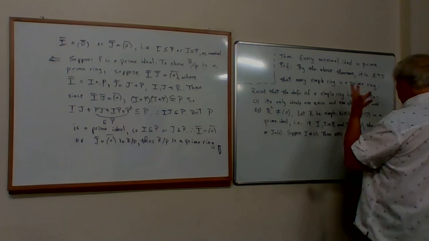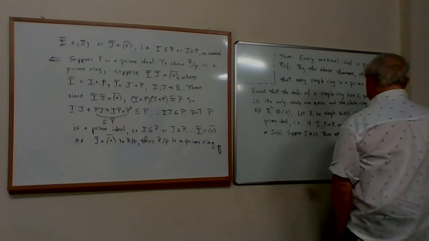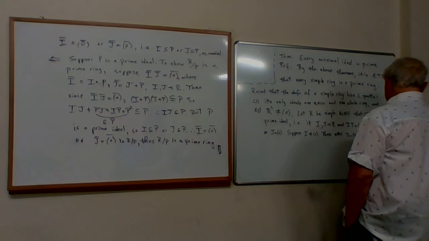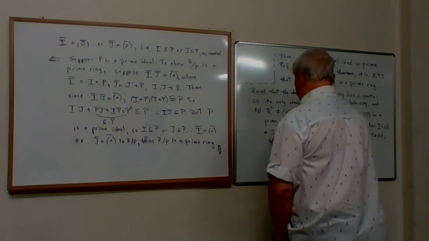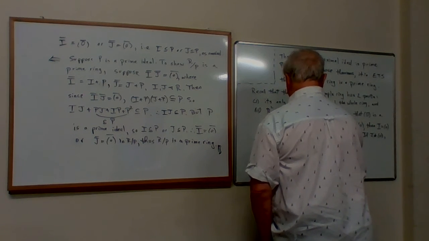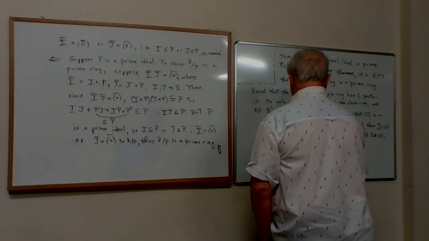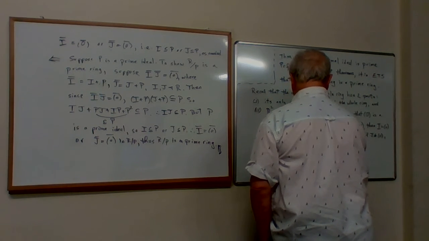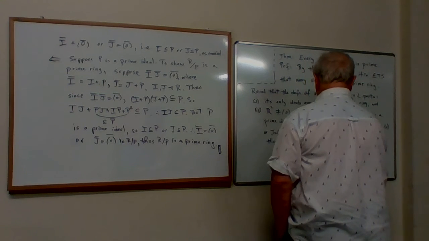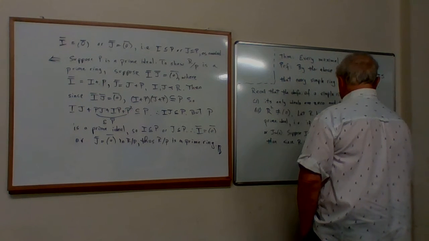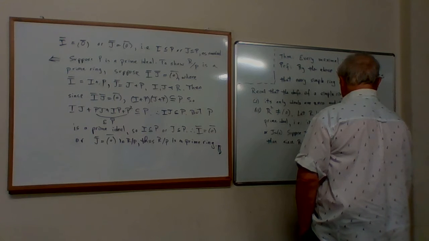Okay, if I is not 0, then the other one's got to be 0. So we must show J is 0. If J is not 0, then since R is simple, J has to be the whole ring.